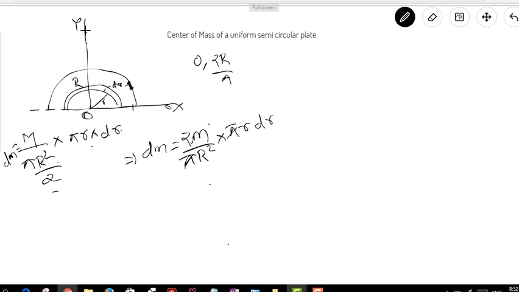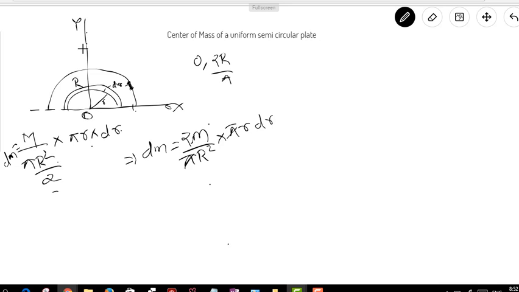We also know that this semicircular plate is symmetrical about the y-axis. So the center of mass is going to lie on the y-axis, and the value of x is going to be 0.